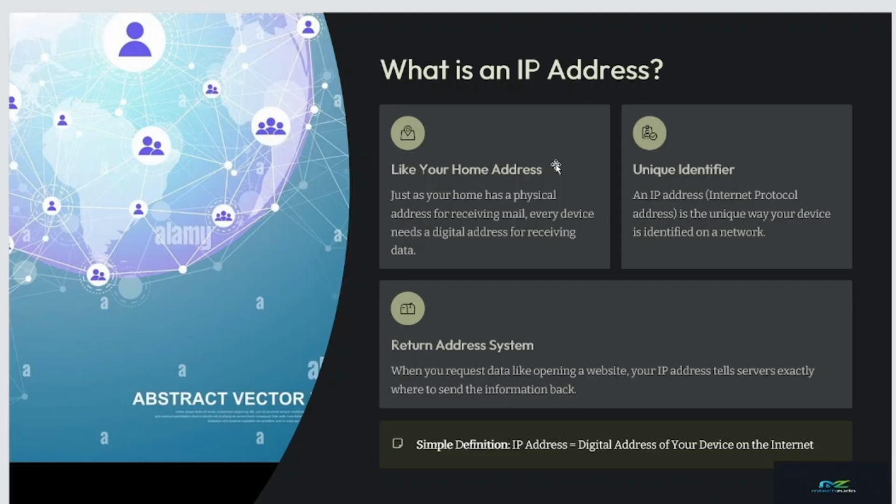When you send data, like opening a website, your device uses its IP address as the return address, so the server knows where to send the data back. In simple terms, IP address equals the digital address of your device.